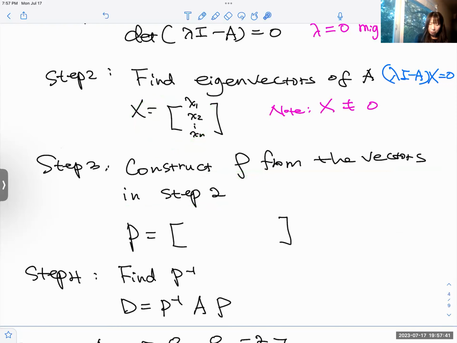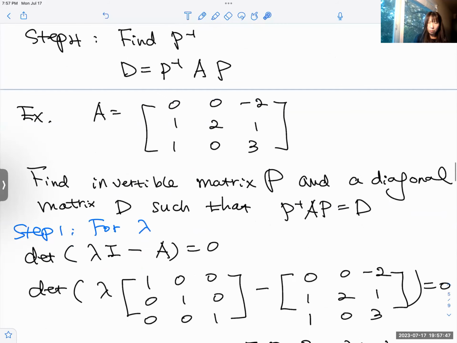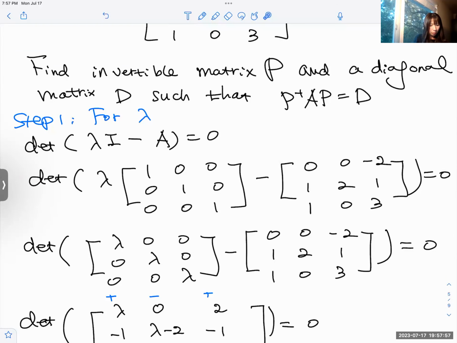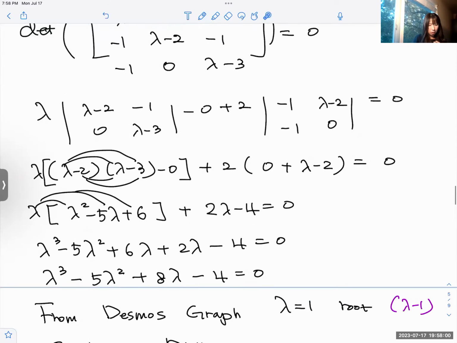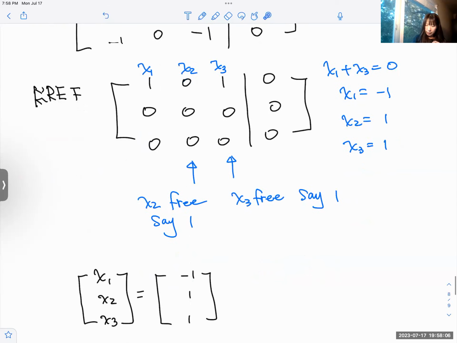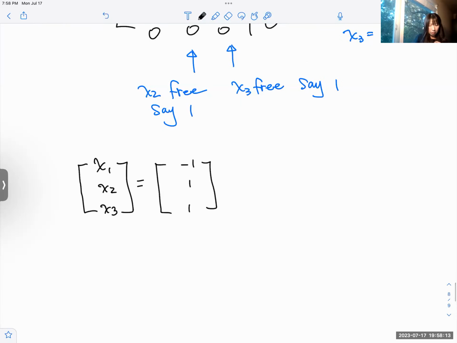So there will be P, which is the eigenvectors, right? Correct. So how do we use that?